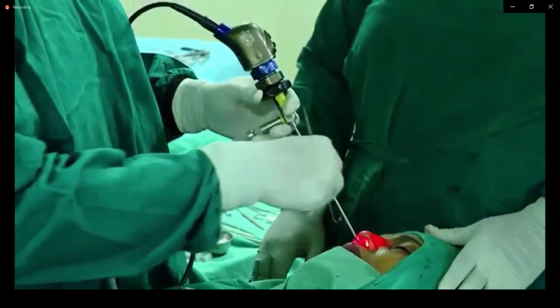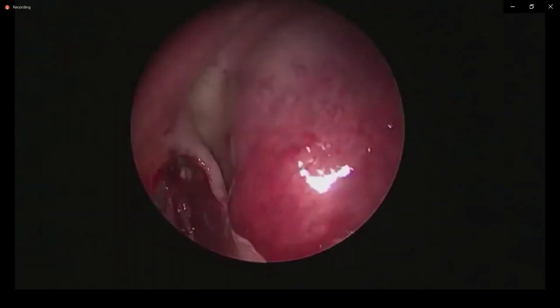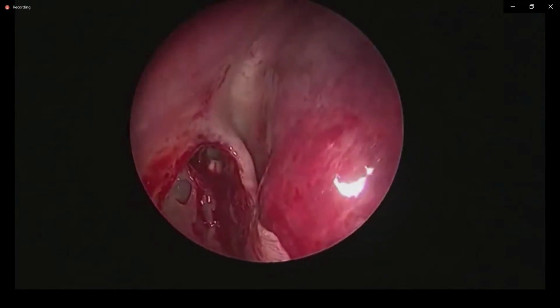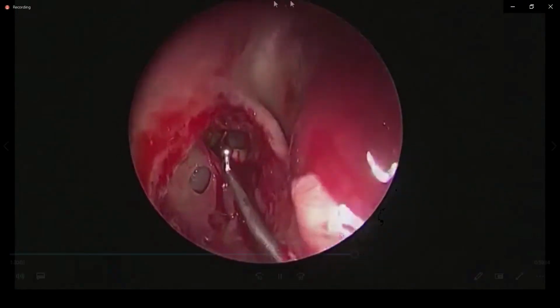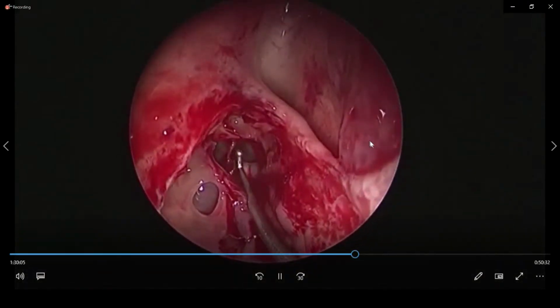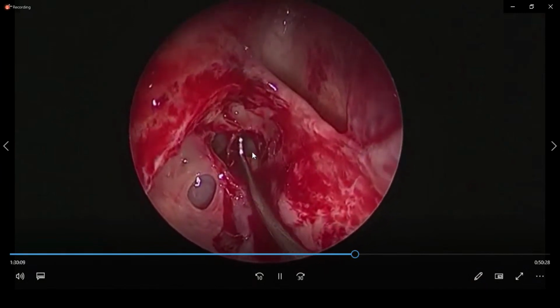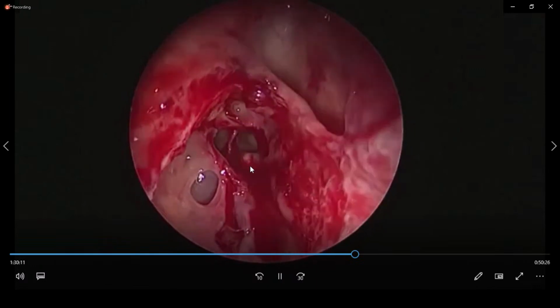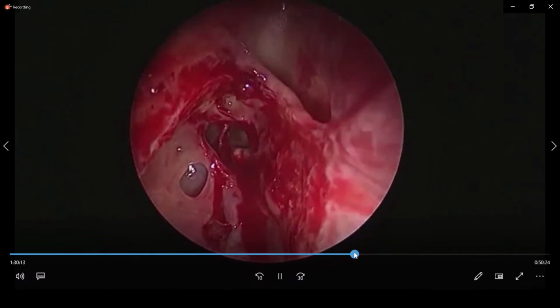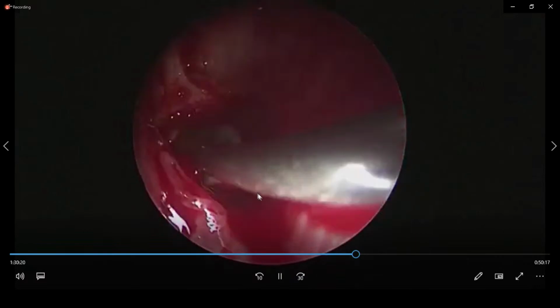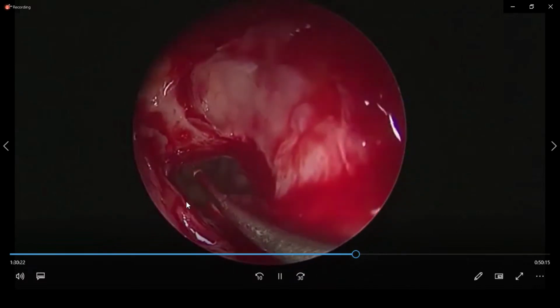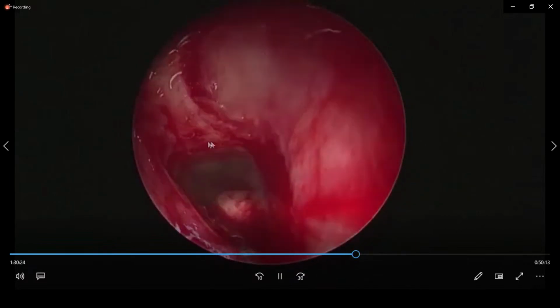Sometimes it is going up too high into the frontal sinus, which may require frontal sinus drill out. Otherwise, you can remove it from here only. See this? This is your type 3 cell. This is frontal sinus, and this is the osteoma here. So what you need to do is go behind this cell. See this? Go behind this cell, remove this party wall and widen the frontal sinus.